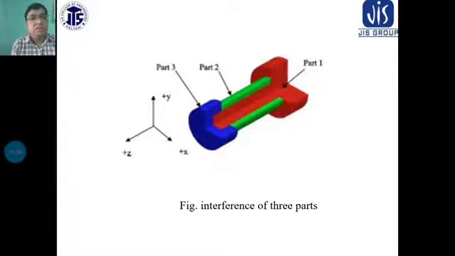Suppose you first start with part 1. Part 1 is placed at its assembly location, and then part 2 is connected to it. Part 1 and part 2 are required to be assembled.